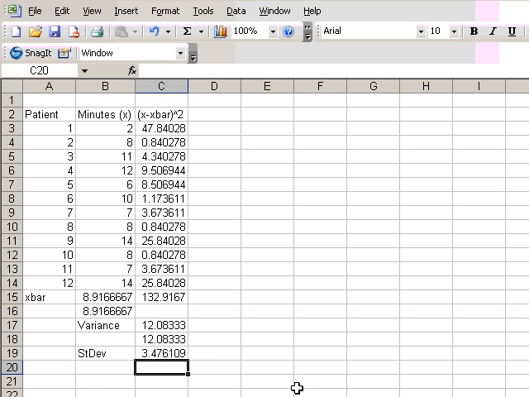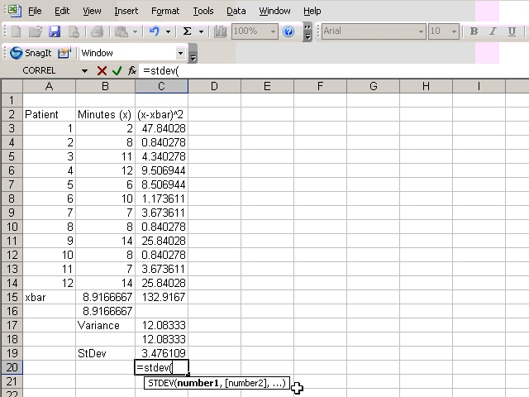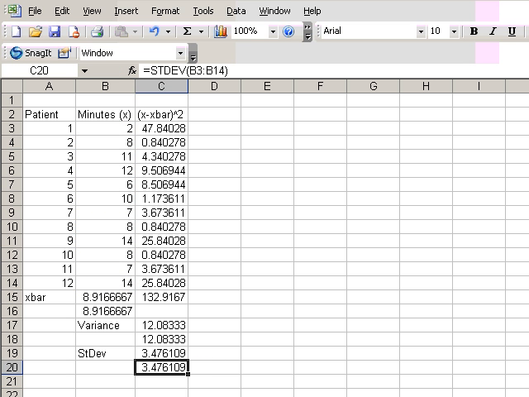I can also get the same result by using the Excel function equal STDEV and highlighting the original numbers. Again, I get 3.47.